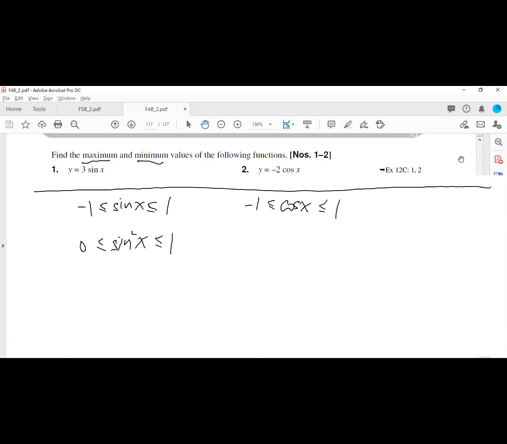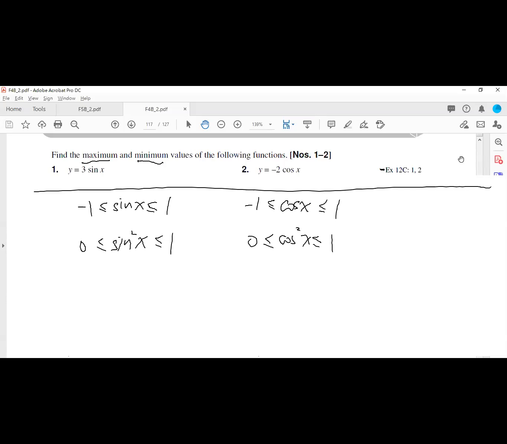The range of sine square x is between 0 and 1. And if it is cosine square x, it is also between 0 and 1.